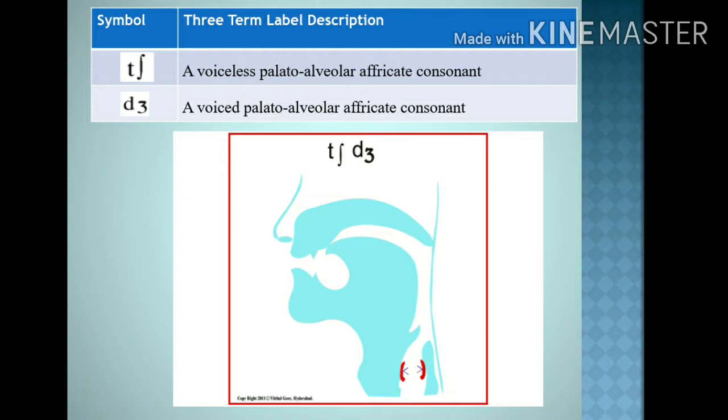Again and again I am repeating it because you should not be mistaken, and you should call it as it is recommended by the International Phonetic Association. So the first one is ch and the next one is j. Both should be pronounced at the palato-alveolar position only.